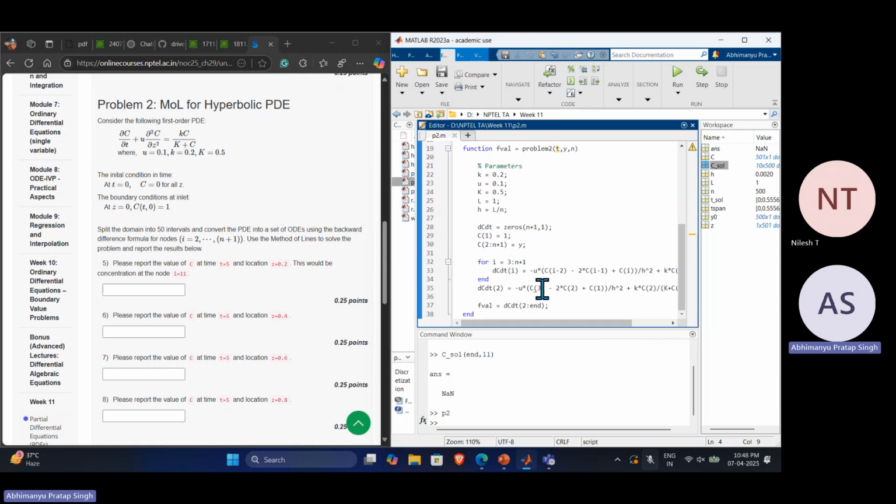Okay, let us use the forward difference here. Then let's see what happens. So what should be the formula of the forward difference?